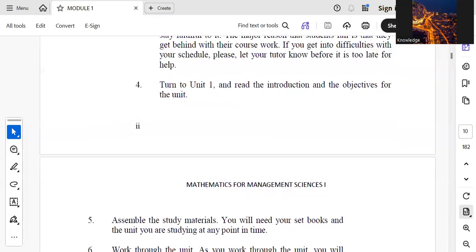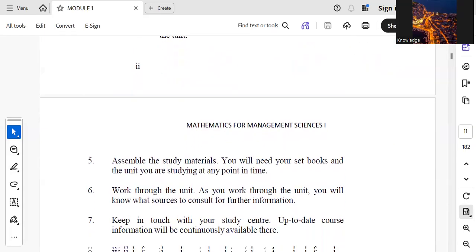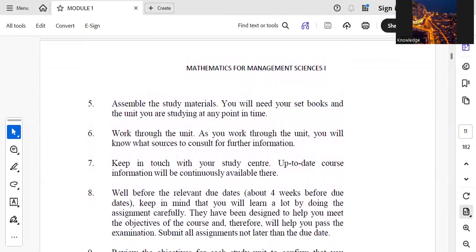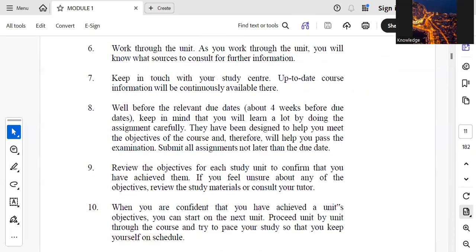So you turn to Unit 1 and read the introduction and the objectives. Assemble the study materials. You will need your set books and the unit you are studying at any point in time. Walk through the unit, keep in touch with your study center so that you get up-to-date information. We thank God that most of the study centers now have channels, groups where they communicate information that is very important to you.